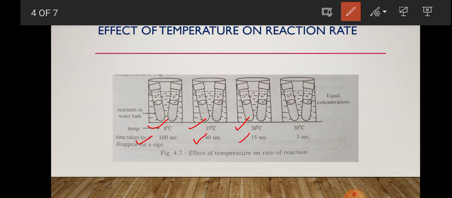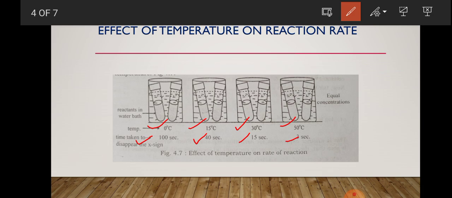And lastly, when we increase the temperature to 50 degrees centigrade, then time required is only 3 seconds. So from this reaction, we can say with the increase of the temperature, the rate of reaction increases.